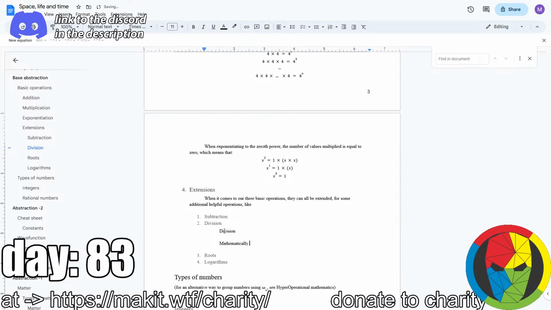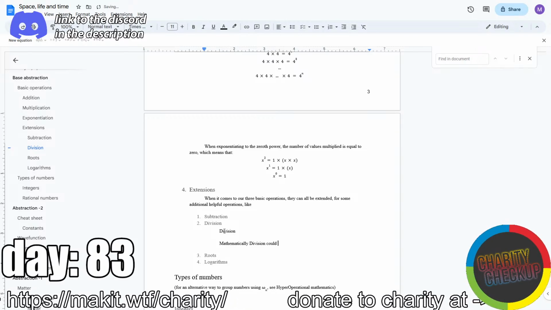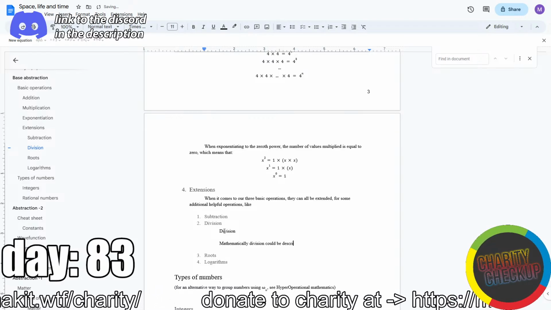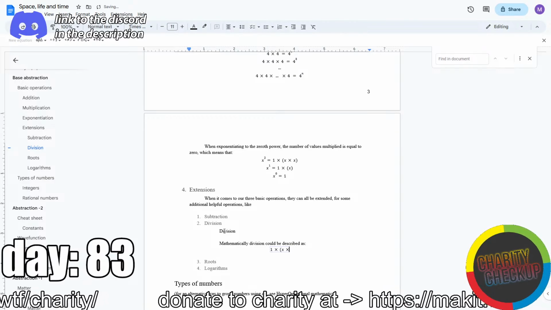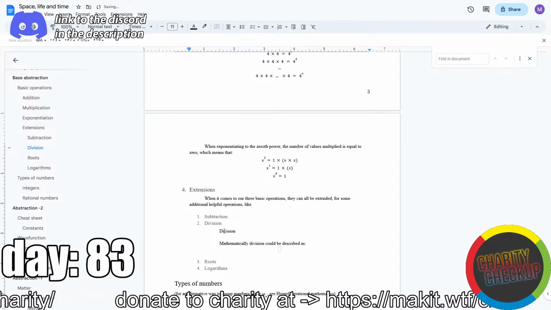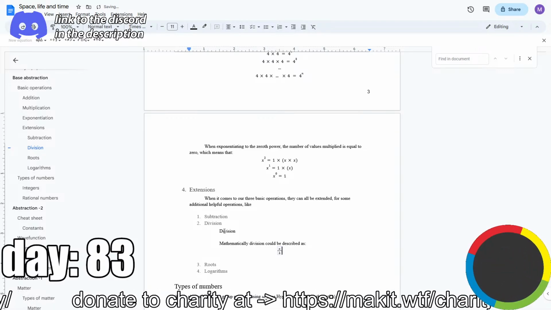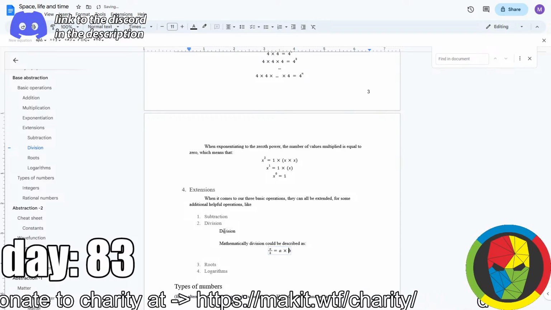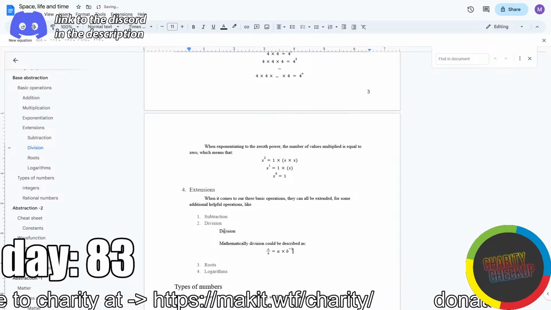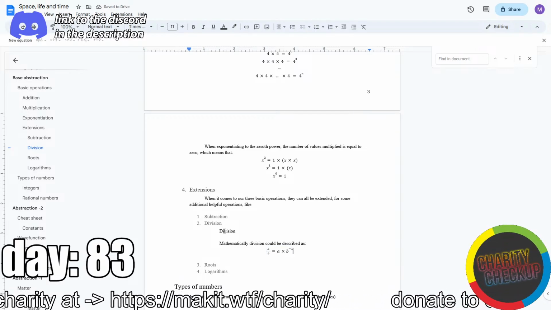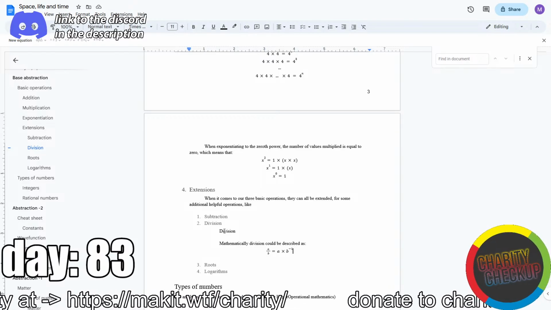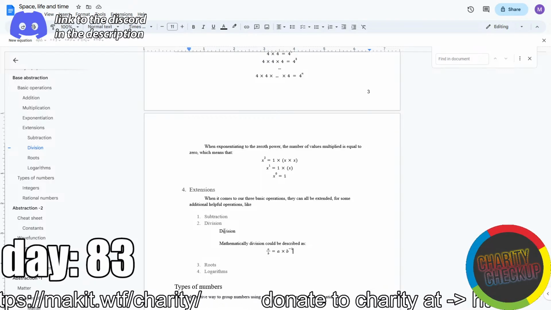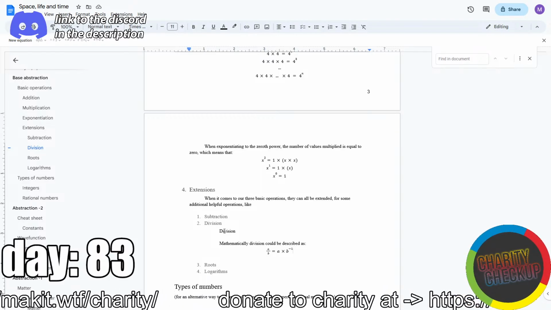Mathematically, division could be described as, and then over here we would have fraction a divided by b would be equal to a times b to the negative first power. Yep.